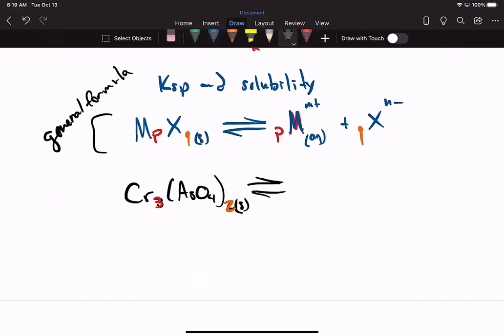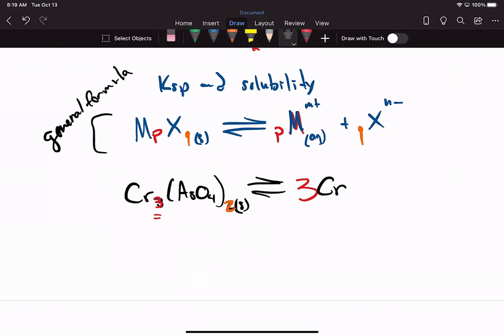Because I have 3 moles of that, when we ionize this, I'm going to put that 3 there, and then I'll put it in black here, 3 chromium.